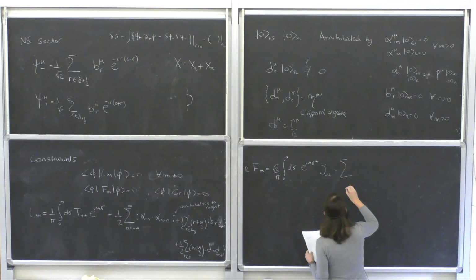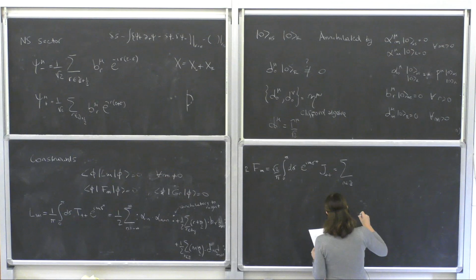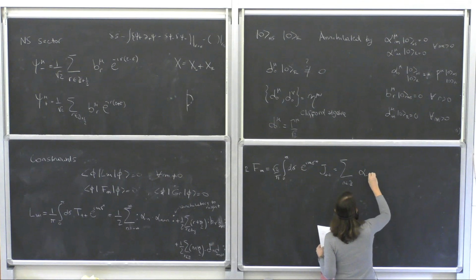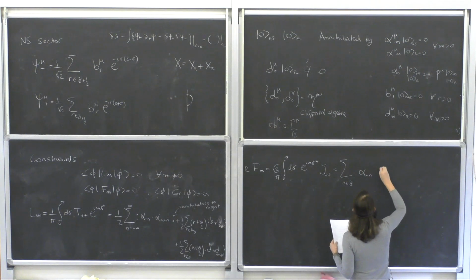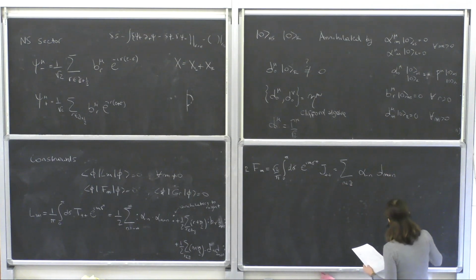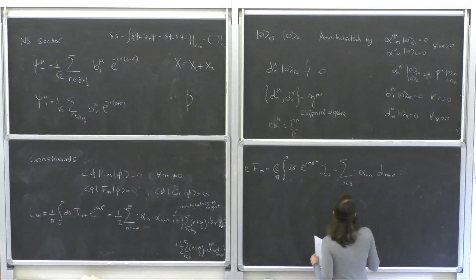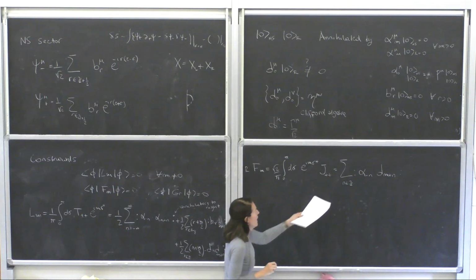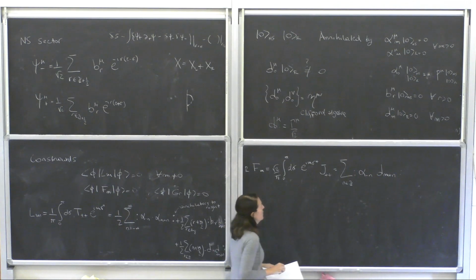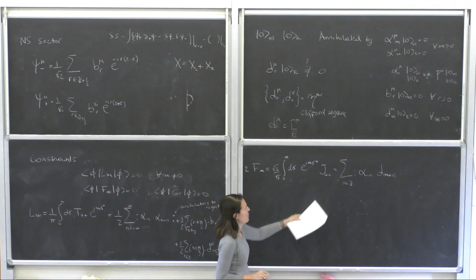And this is the sum over n of alpha minus n d m plus n. And I put normal ordering, because this mixes the x's and the psi's.